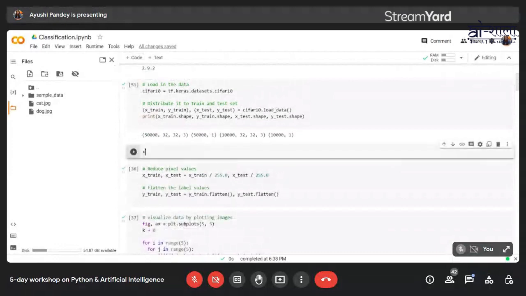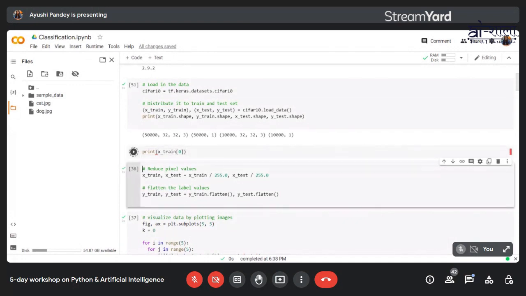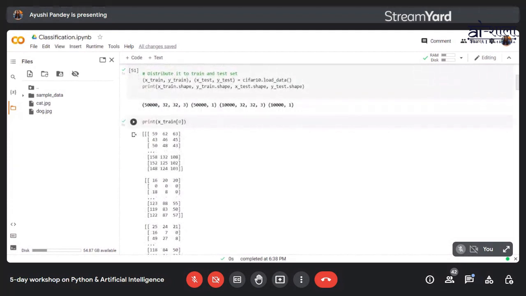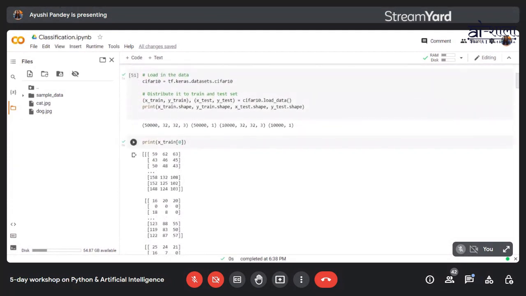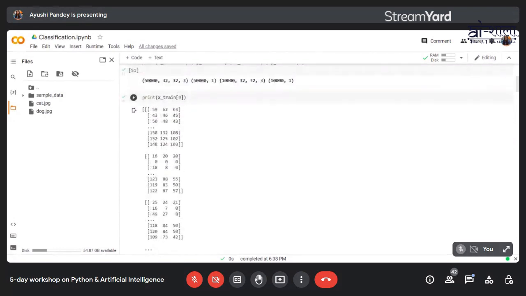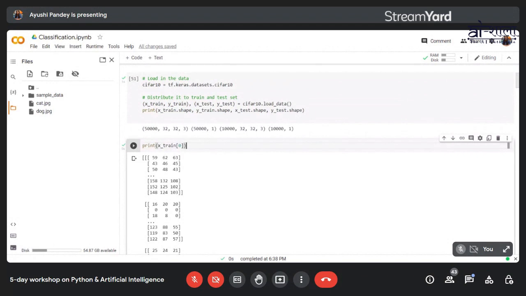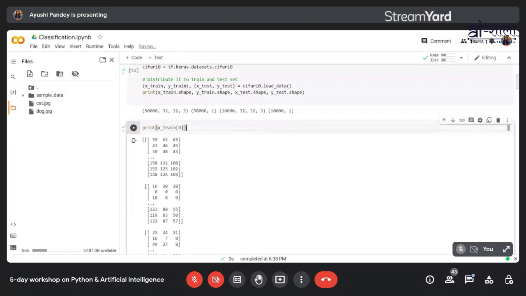I want to show you how this data looks. The image has been converted into arrays, so this data is not exactly an image. It is in the form of numbers, and even the color has been converted into arrays.